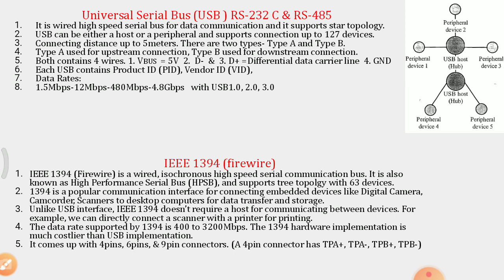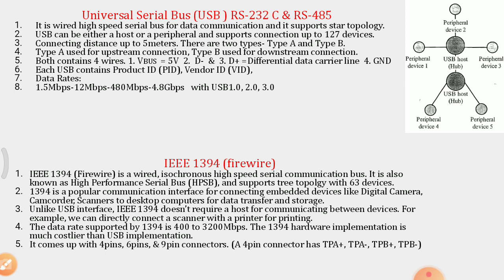So basically in the USB ports of any computer or in a USB cable we might have seen the 4 wires. Any USB contains 2 identifiers: one is the product ID, PID, and the other is the vendor ID, VID.